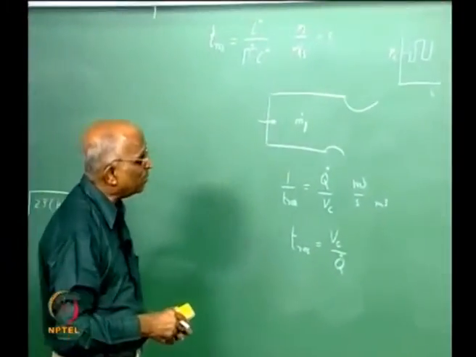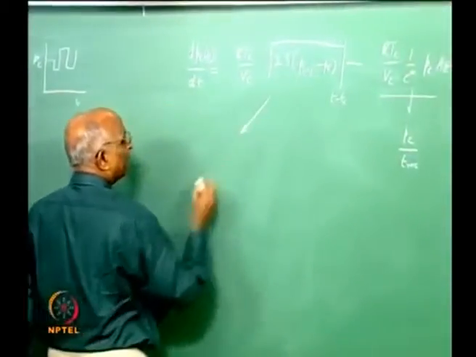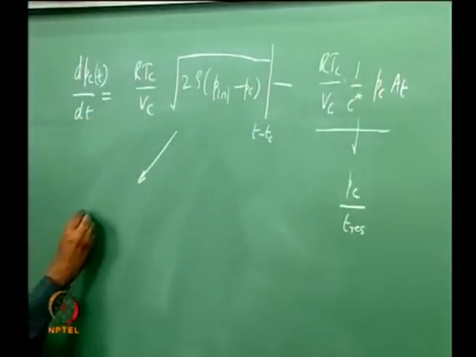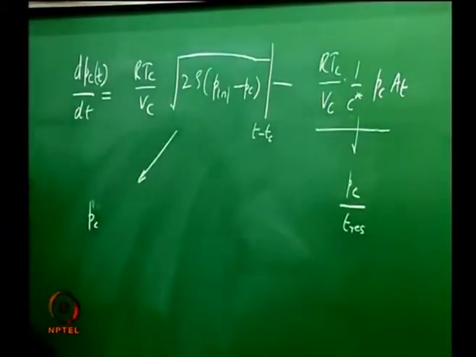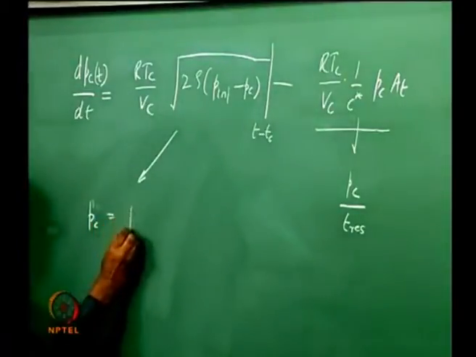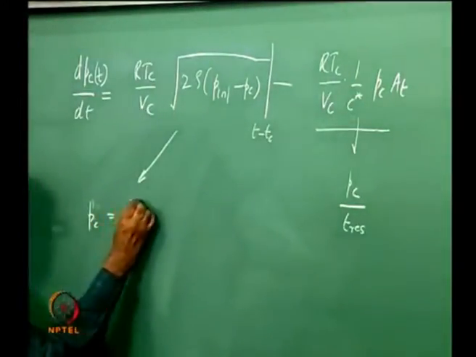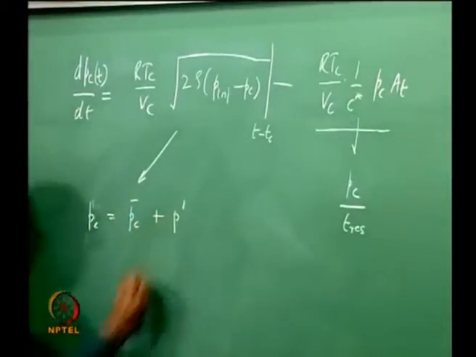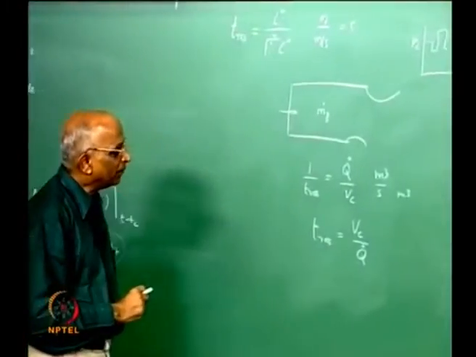Let us see how I can manipulate this in some way, and this is quite interesting, quite simple. Well, let me say the chamber pressure at any instant of time, denoted by Pc, is equal to the steady value. In our example the steady value was 5 MPa, plus I have P prime, some oscillation, some disturbance in it.